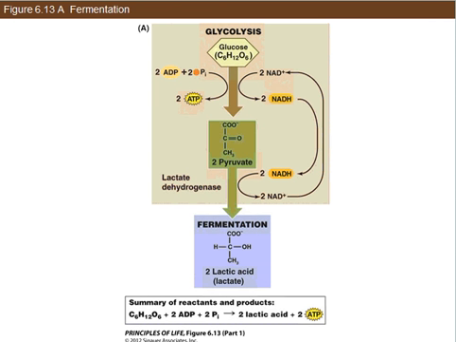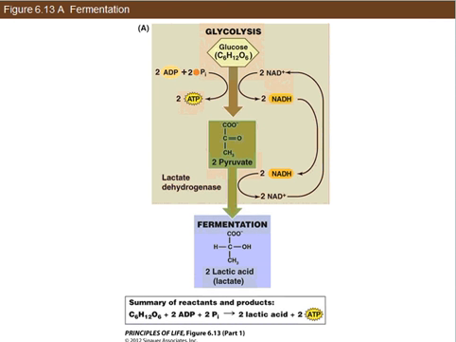During that process, the NADH that was made during the splitting of glucose to make the pyruvate is used up to form the lactic acid, and that reloads the NAD+ to go back up into the first arrow in the first stage. Again, that first process is where we're getting the only ATP during fermentation.